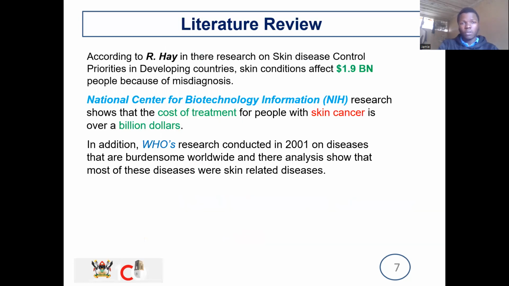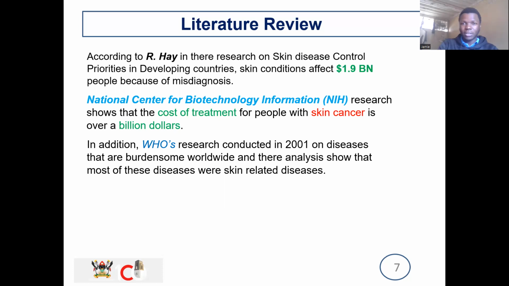And then for our literature review, a particular scholar carried out research and found that over 1.9 billion US dollars goes into, or is injected into, trying to solve misdiagnosis problems around skin disease misdiagnosis.